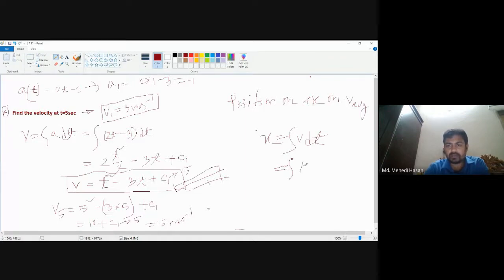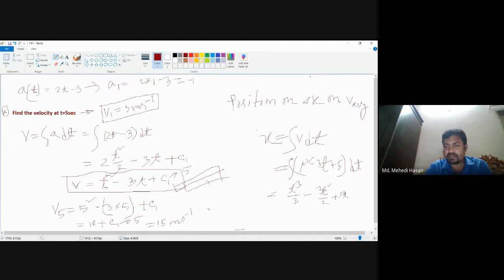Then the velocity is already calculated here, which is t square minus 3t. If c1 is given, or you can find out c1 using the given information, then you have to use that value, say 5, or you can keep it as c1. Then integrating with respect to t, it will give t cube by 3 minus 3t square by 2 plus 5t.